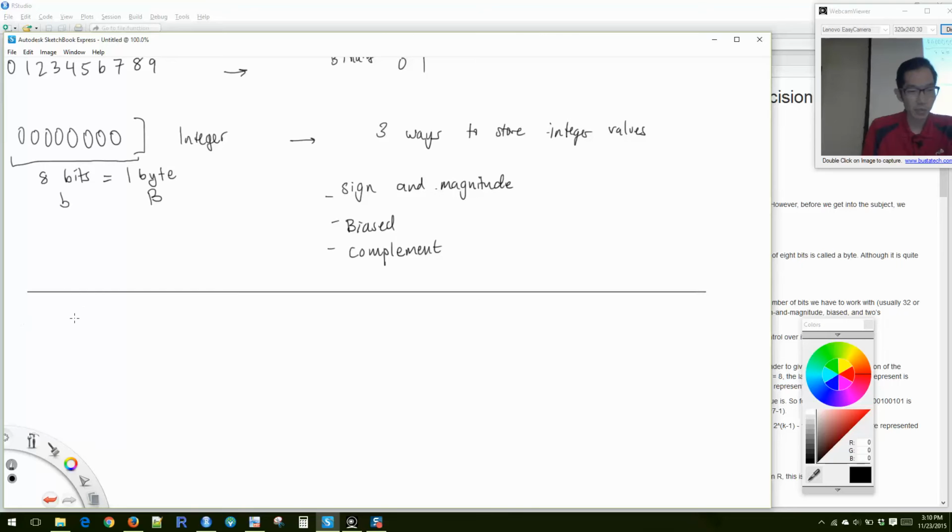Sign and magnitude, I think, is the most, quote, natural way to think about numbers. The first bit is the sign, and the other 7 bits are the magnitude of the integer.